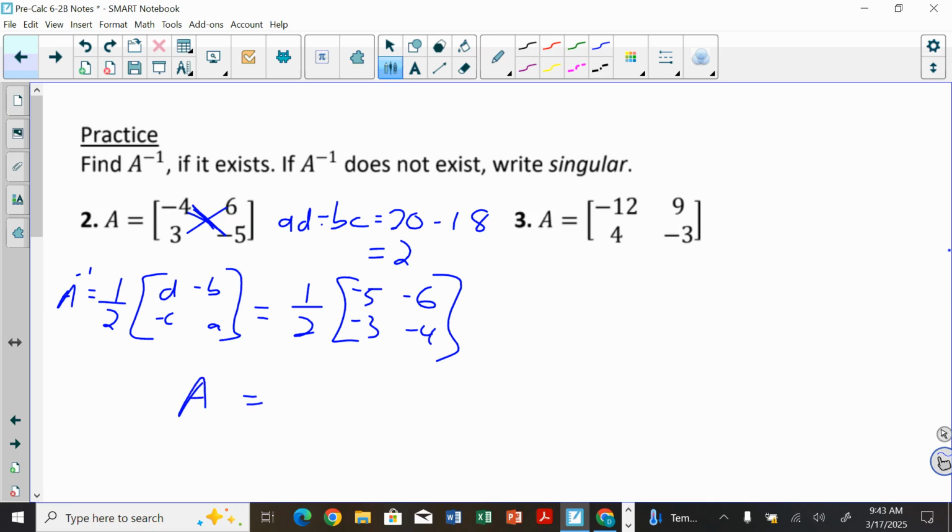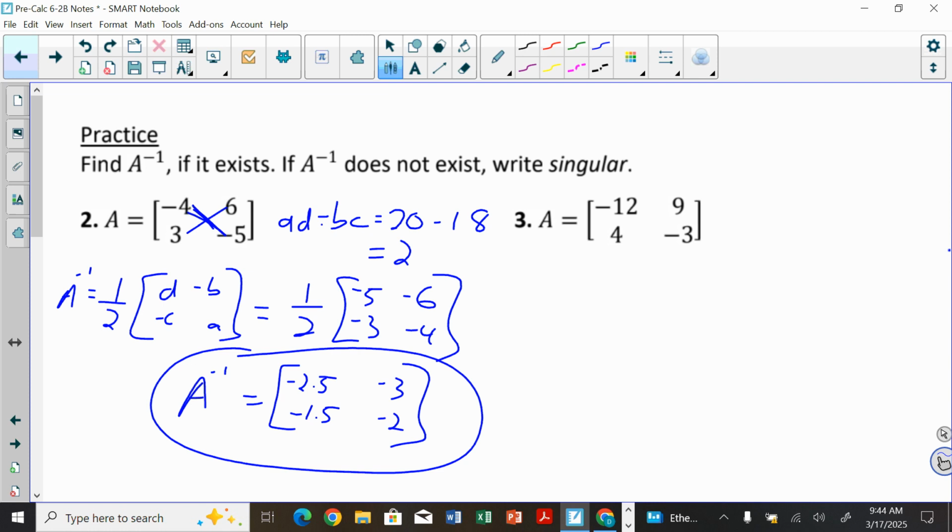So this is going to equal -2.5, -3, -1.5, and -2. And there you go.